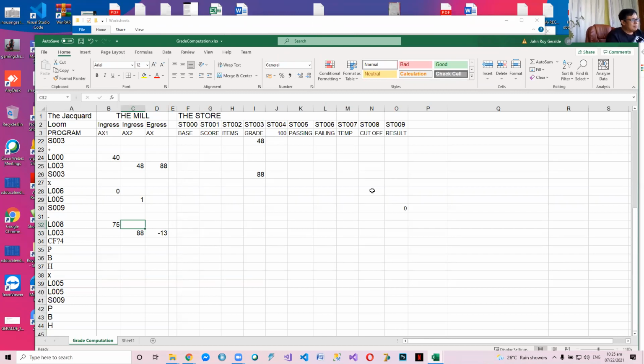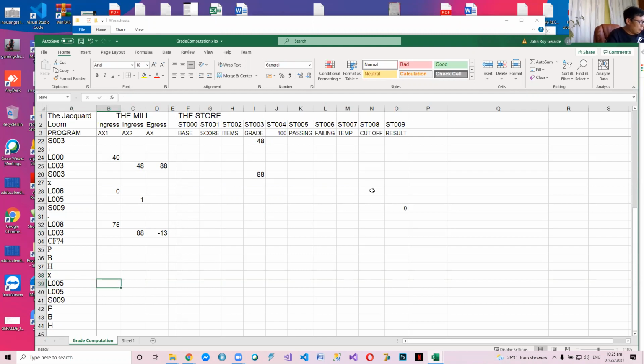Is this right? Otherwise, we'll just change this. Because 75 minus 88, we're supposed to go backwards. So since this is negative, we will go forward here.